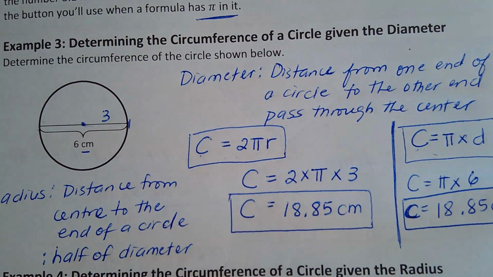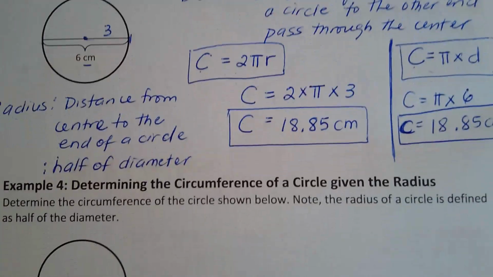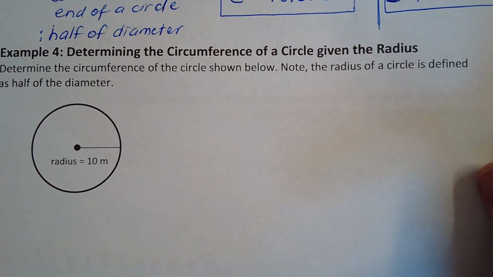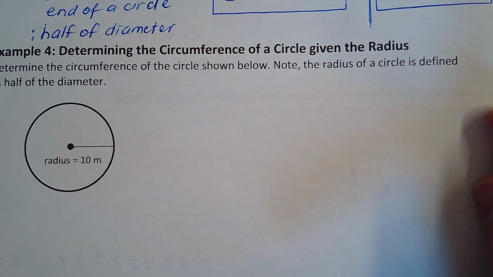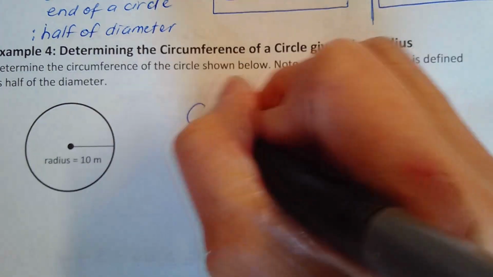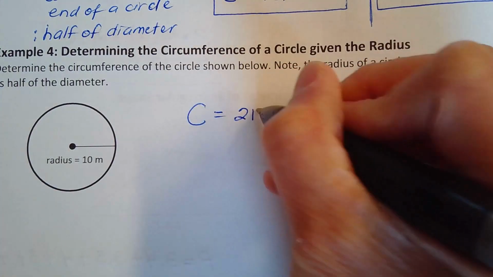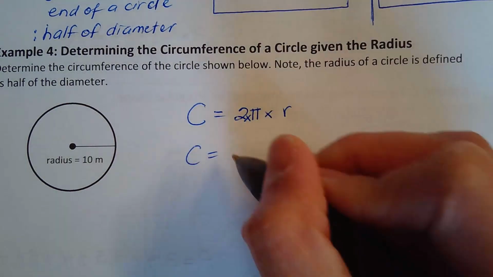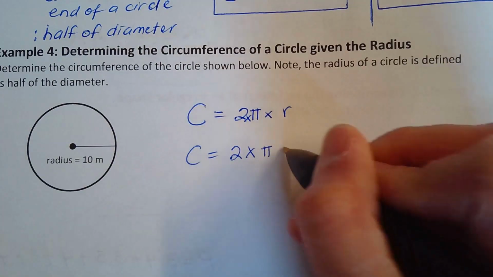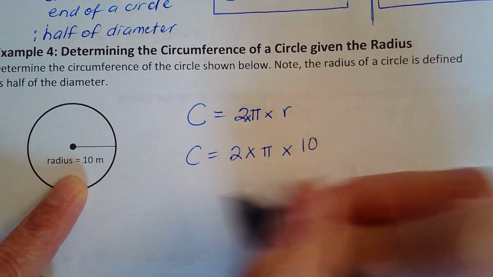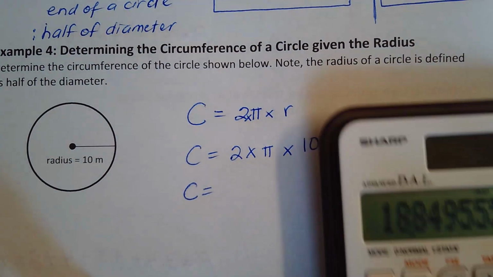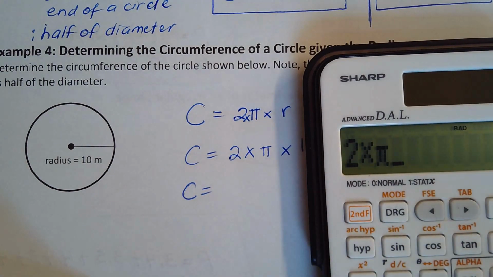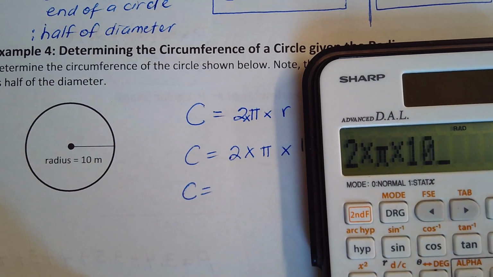Okay, let's take a look at the last example, and I'll give you some time to work. Determine the circumference of a circle given the radius. Circumference is 2 times pi times r. So 2 times pi times the radius of 10. So 2 times pi times 10.